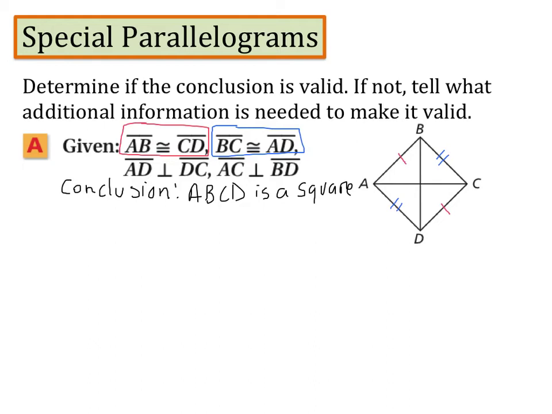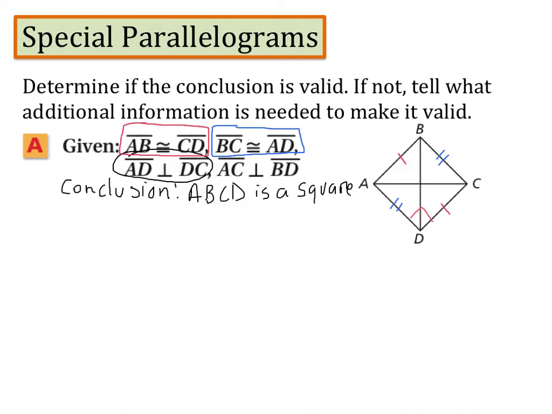Now the next piece of information is that segment AD is perpendicular to DC. So that means I can draw a right angle right here. And I also know that segment AC is perpendicular to BD.